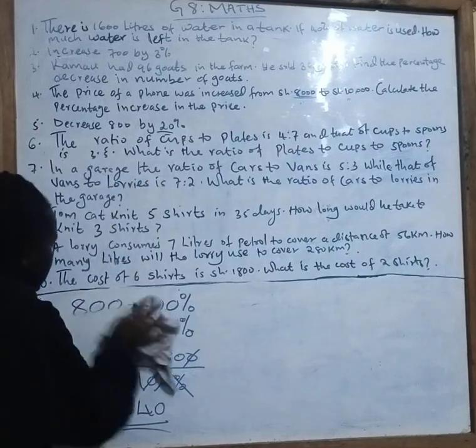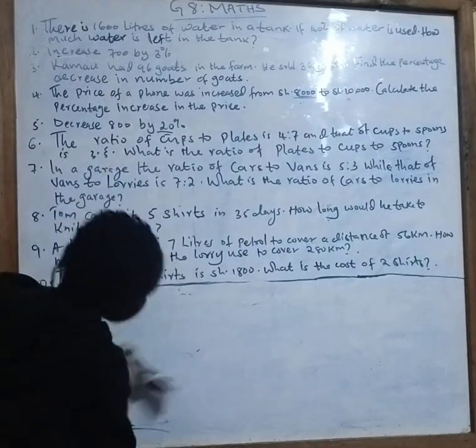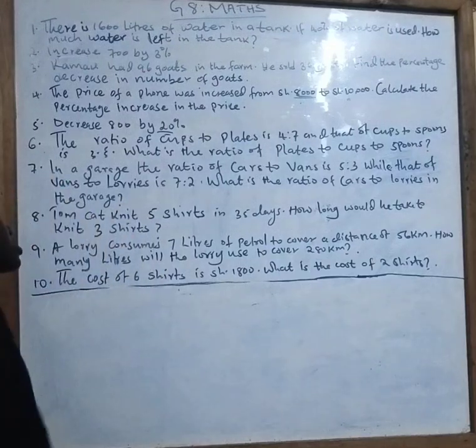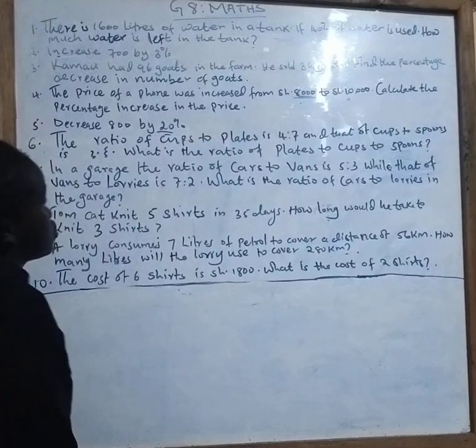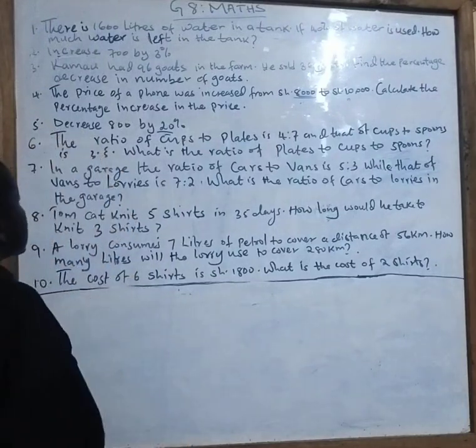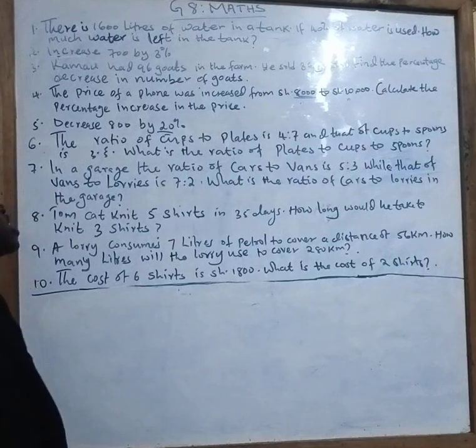In question 6, the ratio of cups to plates is 4 to 7, and that of cups to spoons is 3 to 5. What is the ratio of plates to cups to spoons?